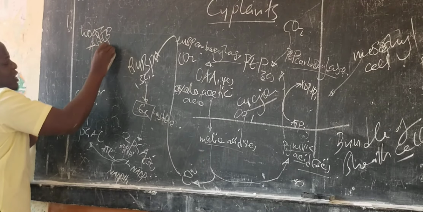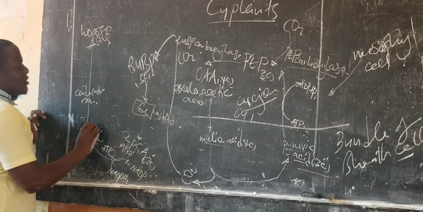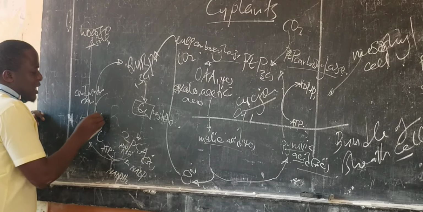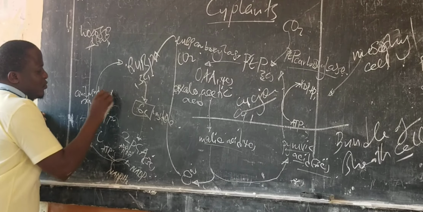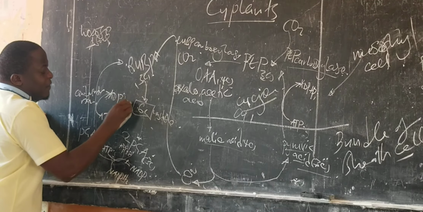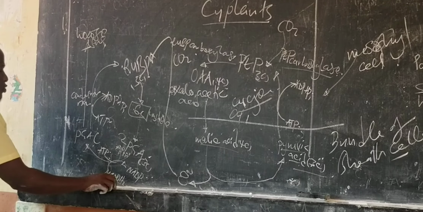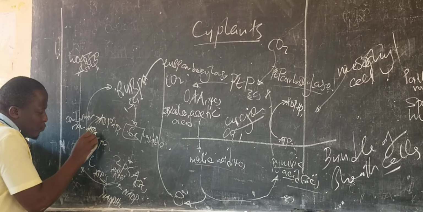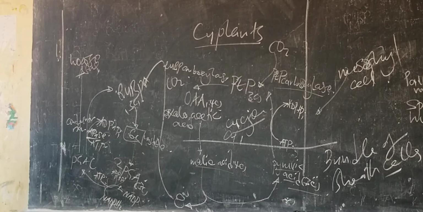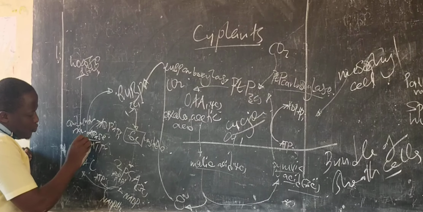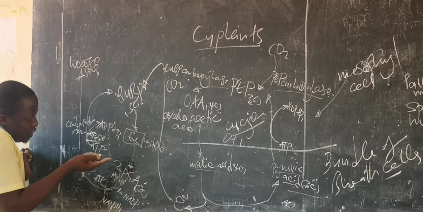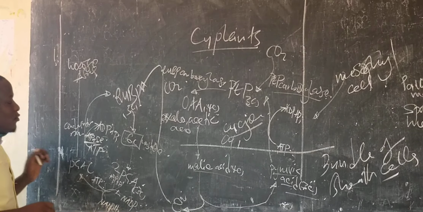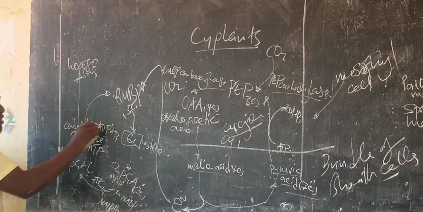Because sugar will be produced here, and then this is used to regenerate the RuBP like that. However, this reaction is active: an ATP molecule is broken down to ADP and an inorganic phosphate. Whenever an ATP molecule is broken, there is a mark that the enzyme involved is ATPase. This enzyme is usually catalyzing the reaction in which an ATP molecule is broken down to ADP and inorganic phosphate.